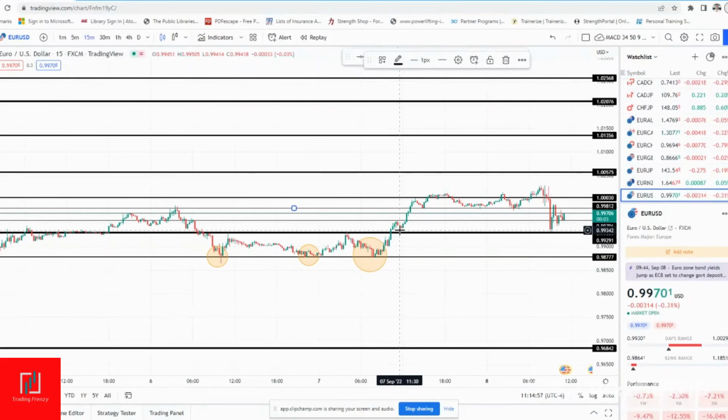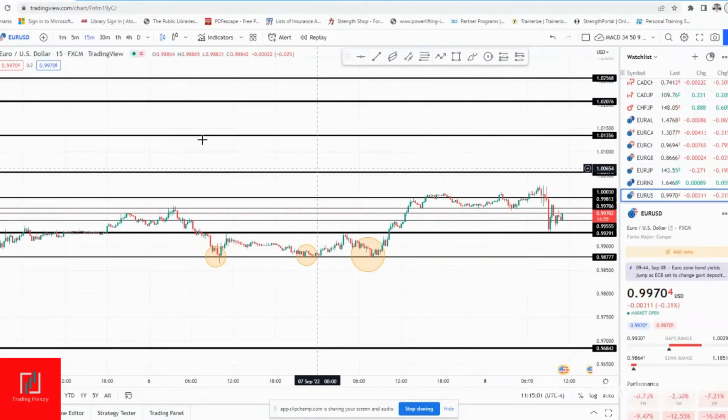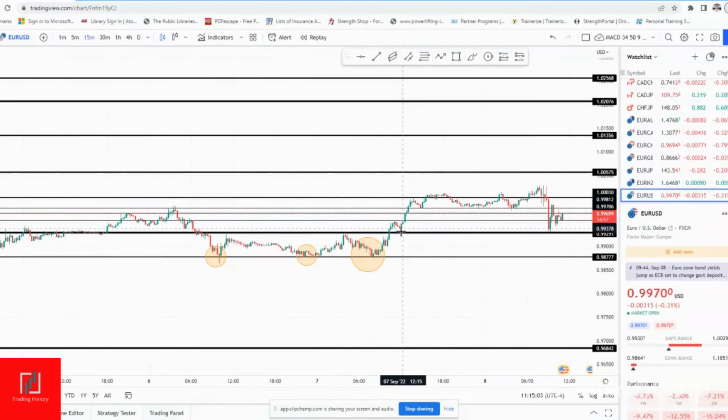So now going back to today, we broke through this first level, came back down, broke to one level, 16 pips, 28 pips, 39 pips to the next level, and then it continued all the way through 60 pips until the next level.